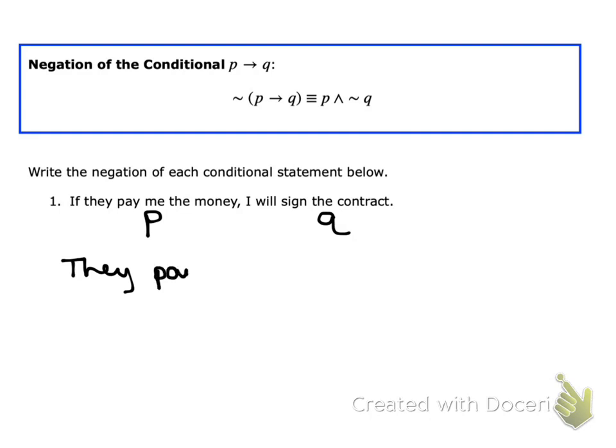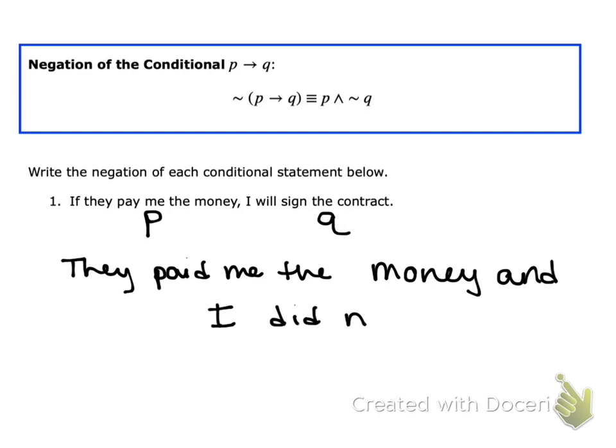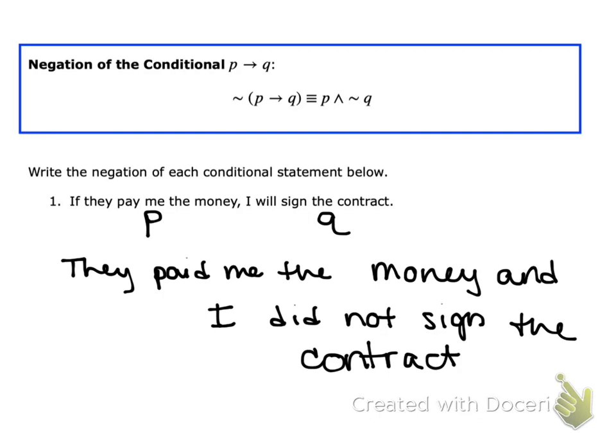We could say they paid me the money, and I did not sign the contract. They paid me the money, and I did not sign the contract would be the negation of if they pay me the money, I will sign the contract.